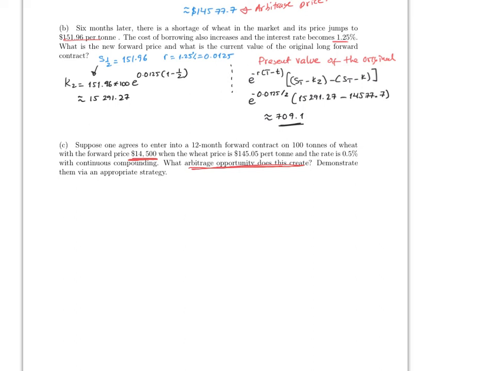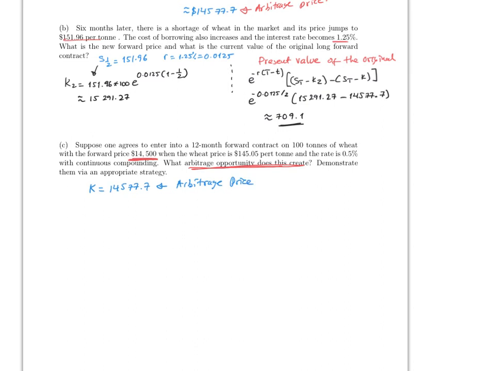So according to what we did already, the arbitrage price should be this, 145.77 or 14,577.7. So remember, we've found this to be the arbitrage price.